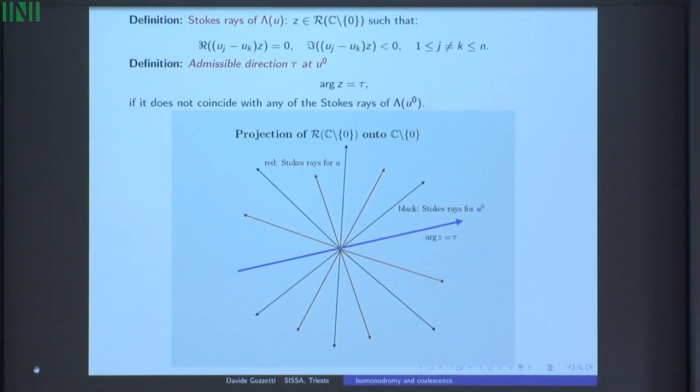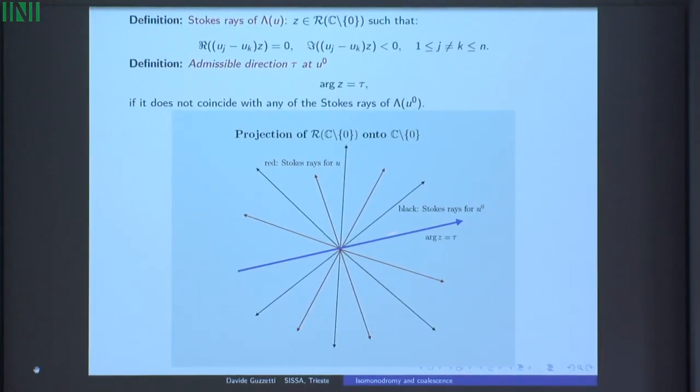These rays are in the universal cover of C minus 0, but if you project this cover, you will see these rays on C. For example, if you take Lambda of u0, there are some rays, these black rays. Then if you take other values of u, these rays will be different, but there will be rays.